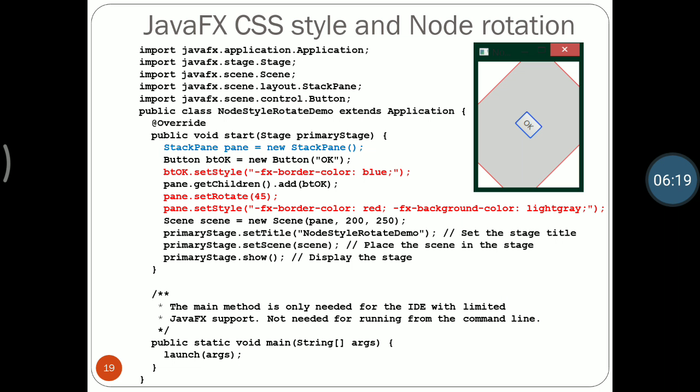In this slide we can see CSS style and node rotation. As in other GUI frameworks, we can also provide CSS in JavaFX. We have created a pane, a StackPane, pane is equal to new StackPane. We have created a button in it named btOK and its text is OK.